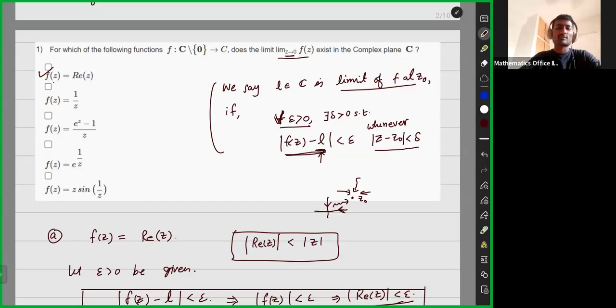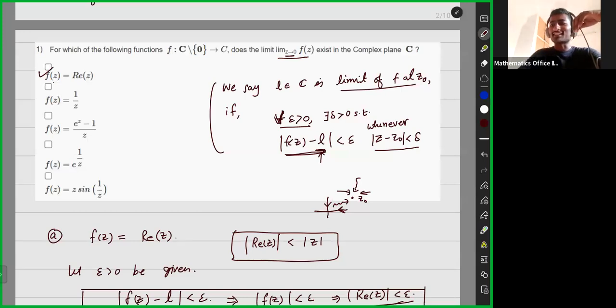And if different paths give plus infinity, minus infinity, or plus infinity and some number, then the limit doesn't exist. Is that the correct understanding?